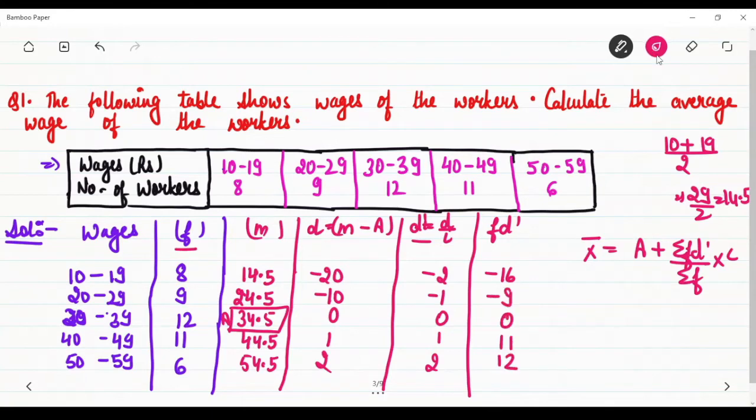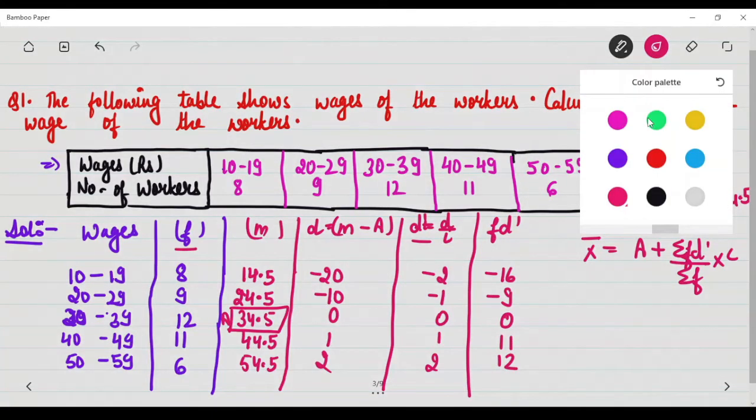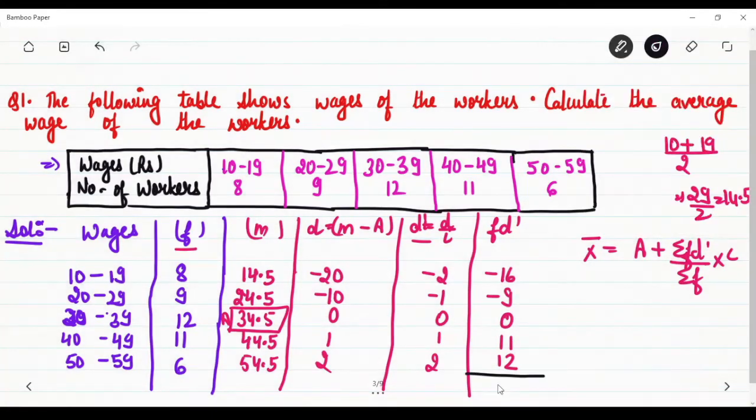We need to add all these values in order to find the sigma. So here we get -2. We also want sigma f. So sigma f here is 46. Okay, now let us put the values in the formula and get the answer.